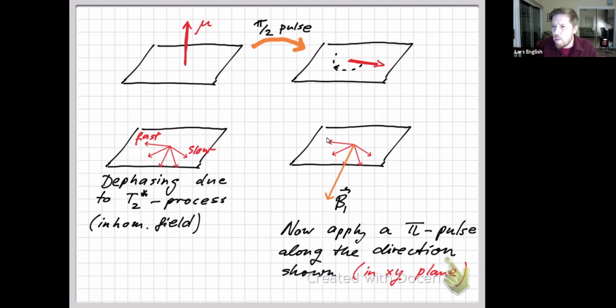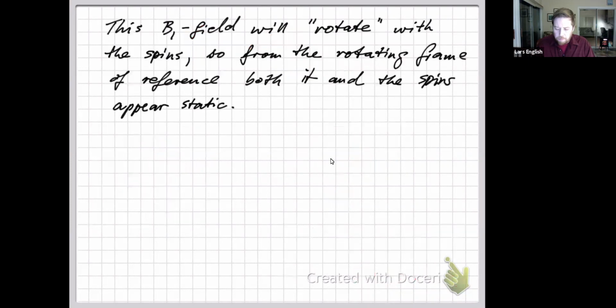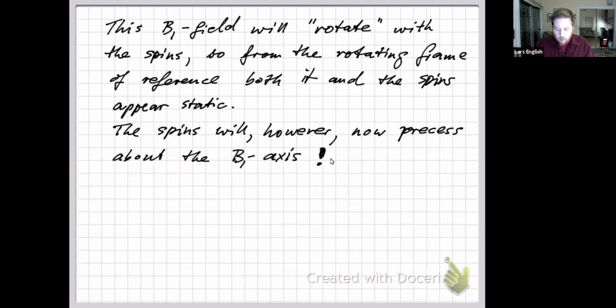But one thing will happen now to the spins in that frame, namely, they will start precessing about B1. Okay. That's what magnetic fields do to spins, right? They make them precess. And so that's what will happen now.